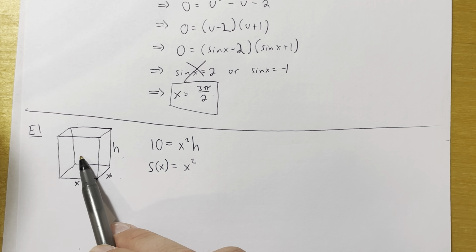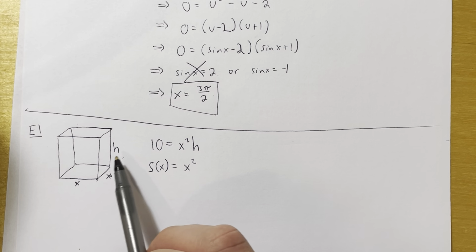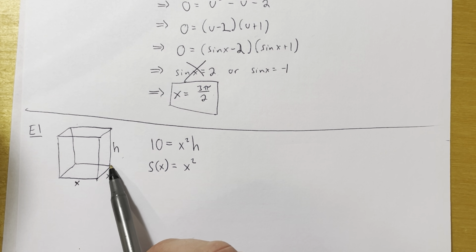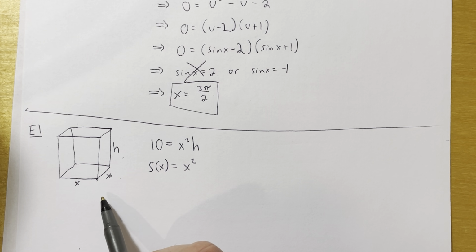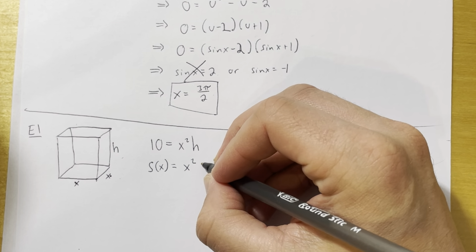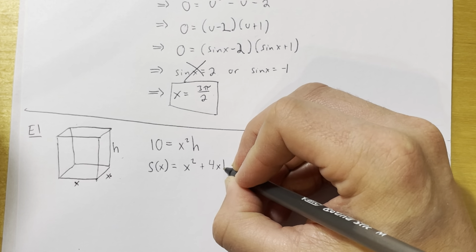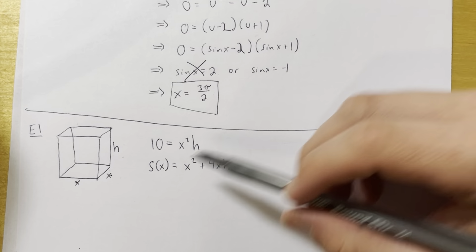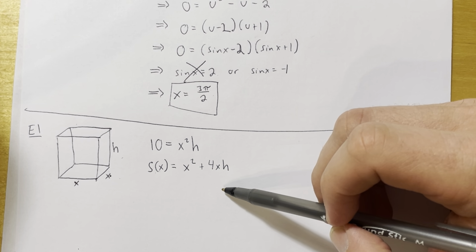The side faces of this box are rectangles whose dimensions are x and h. That means the area of any one of these rectangular sides is x times h. And because there are 4 of them in total, adding everything up would give me x squared plus 4xh.